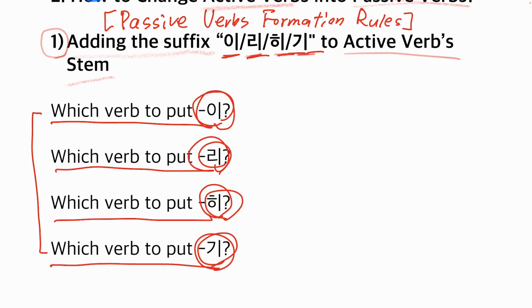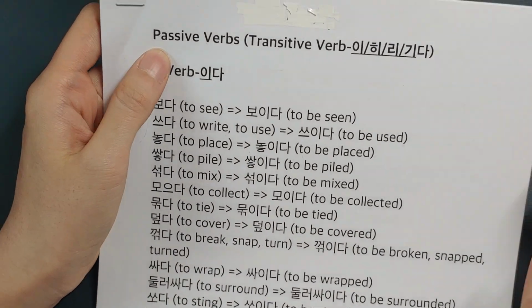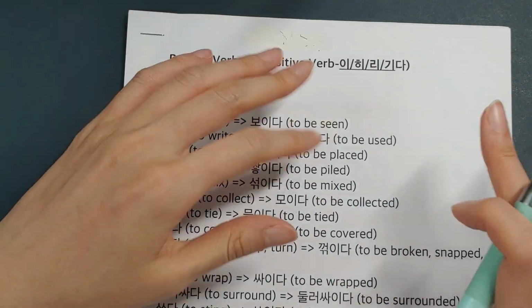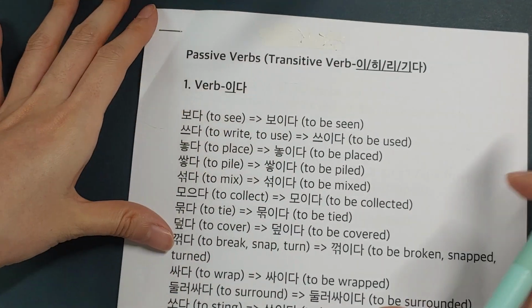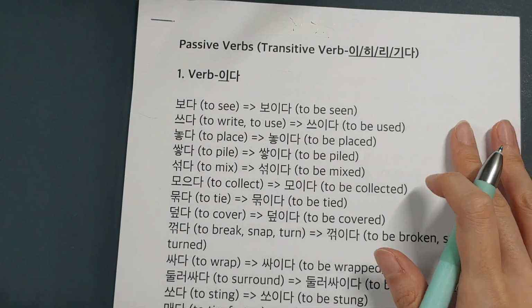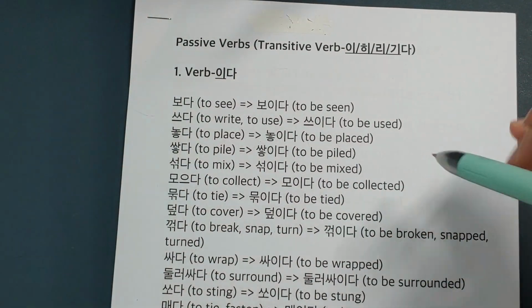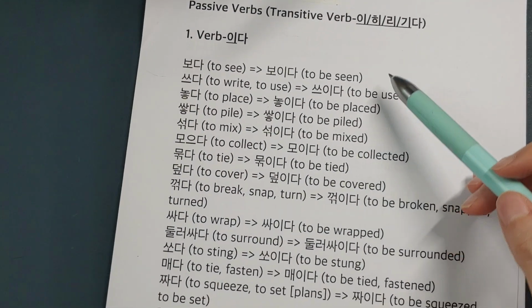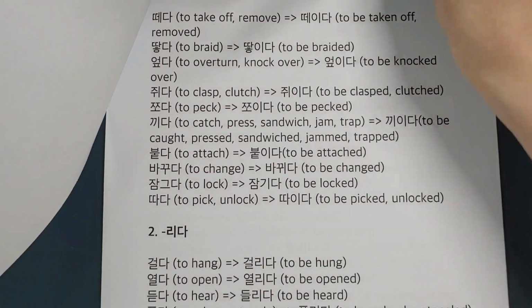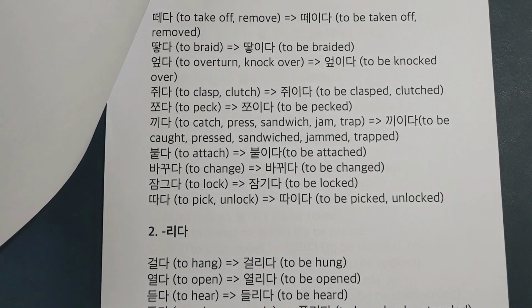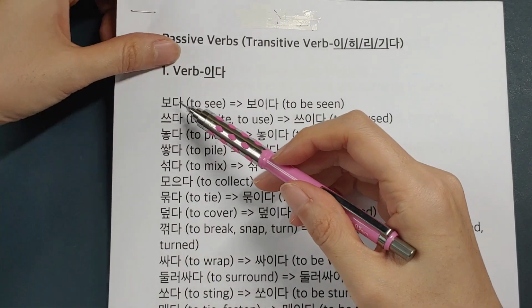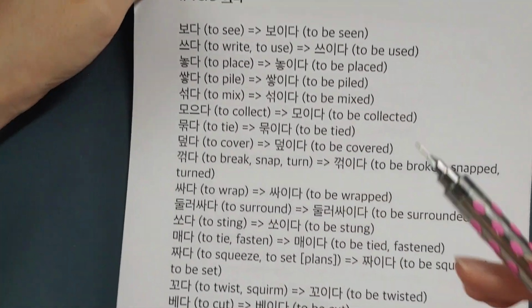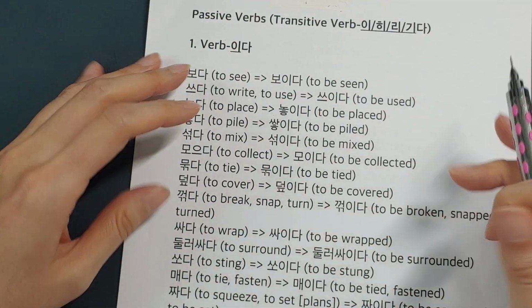So let me take out my list of passive verbs. I'll be putting the same list up on my website, and I'll share the link in the description box. So let's briefly go over the verbs. We're not going to go over every single verb for now. Let's just skim through it and try to figure out the commonalities among these verbs.